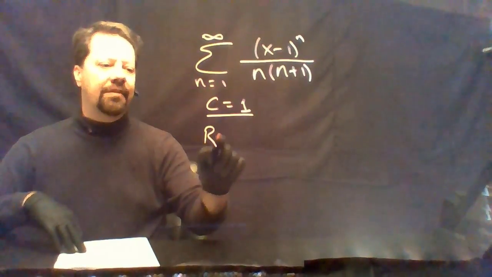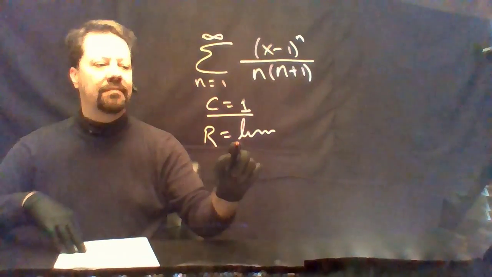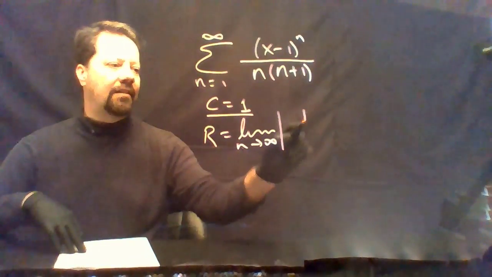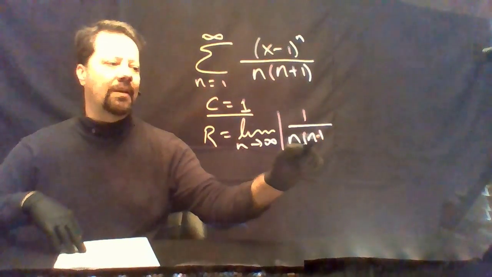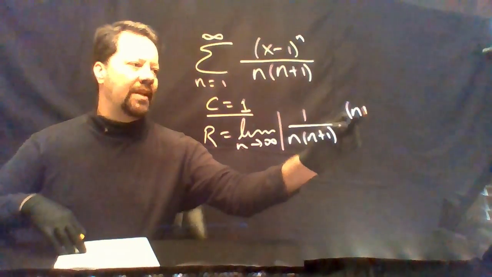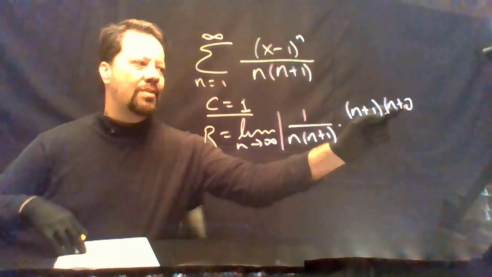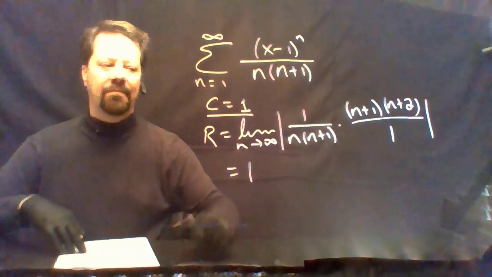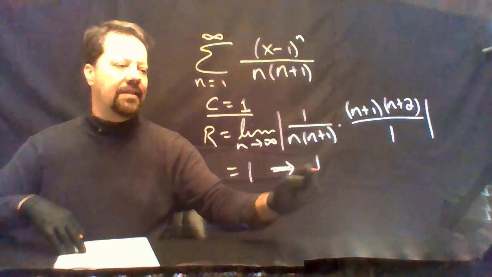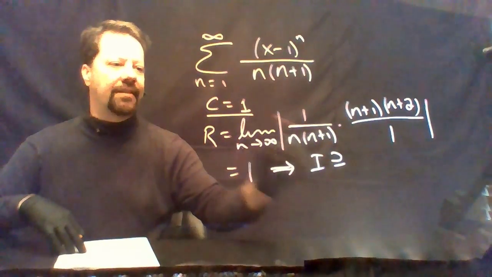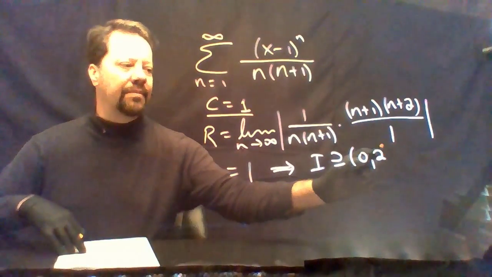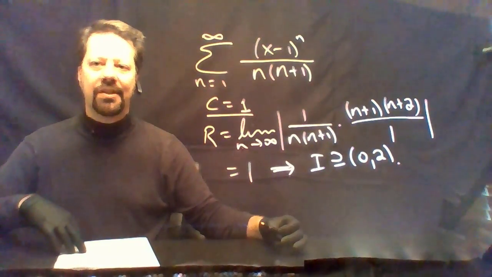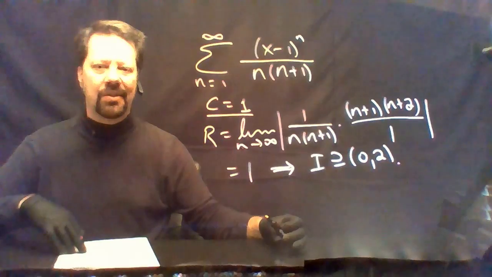The radius of convergence is the limit as n goes to infinity of 1 over n times n plus 1 times n plus 1 times n plus 2 over 1, which is 1. That implies that the interval of convergence contains everything from 0 to 2. The only question is, what happens at 0 and what happens at 2?